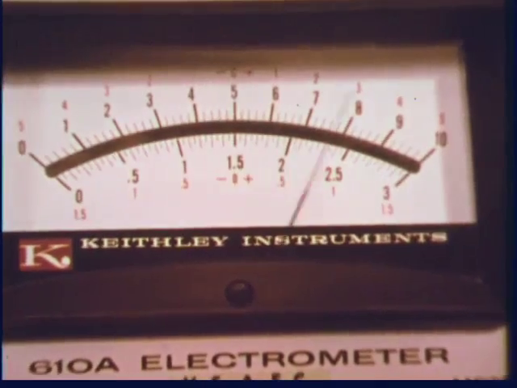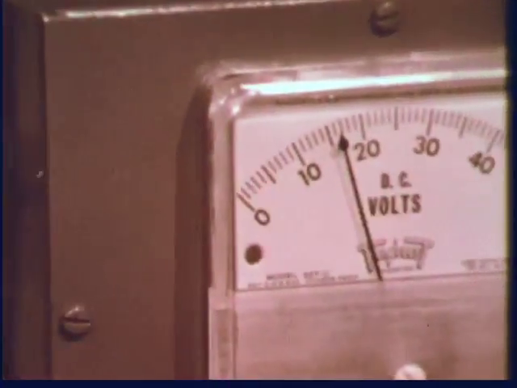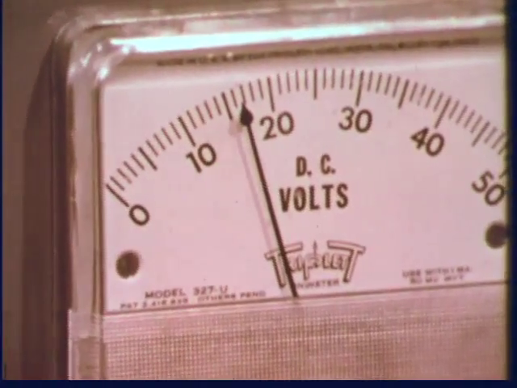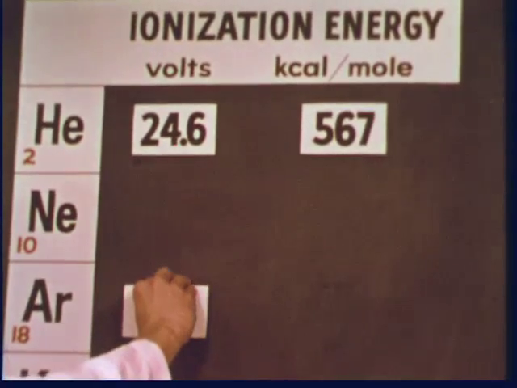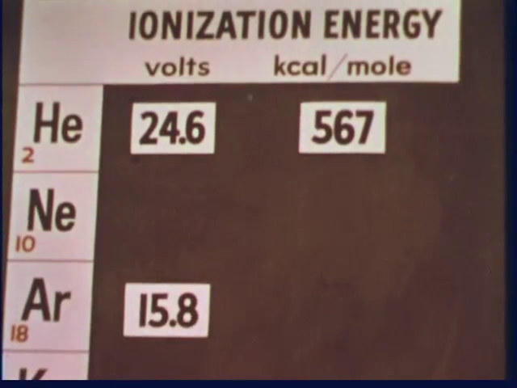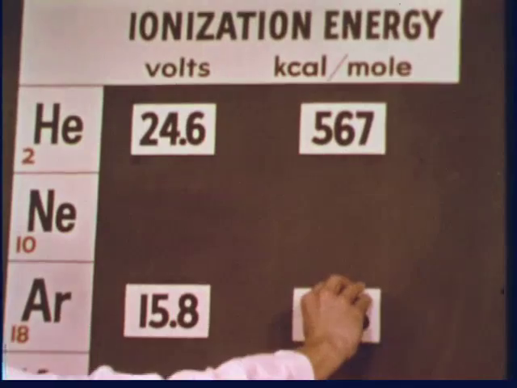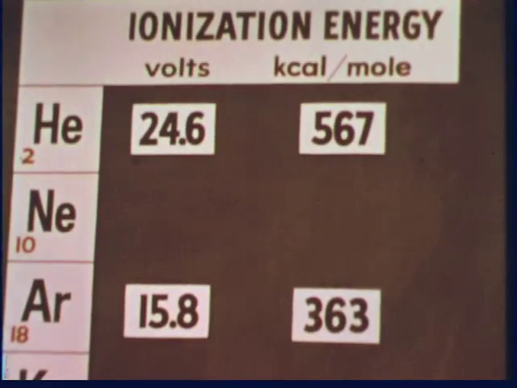There we go. Ionization begins. The reading is about 16.5 volts when ionization occurs. The accepted value is 15.8 volts, which corresponds to 363 kilocalories per mole.